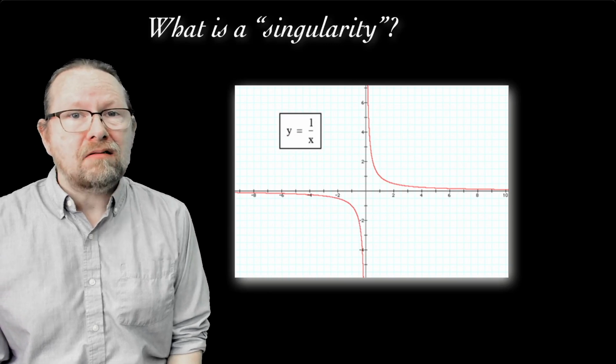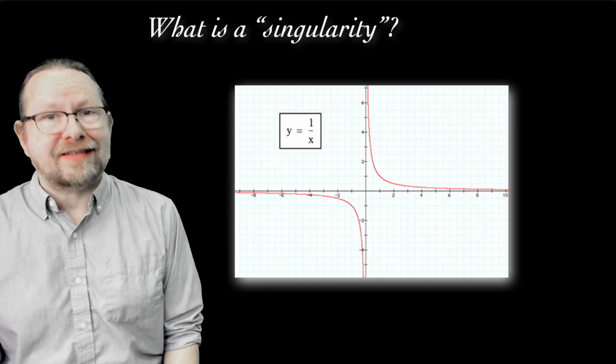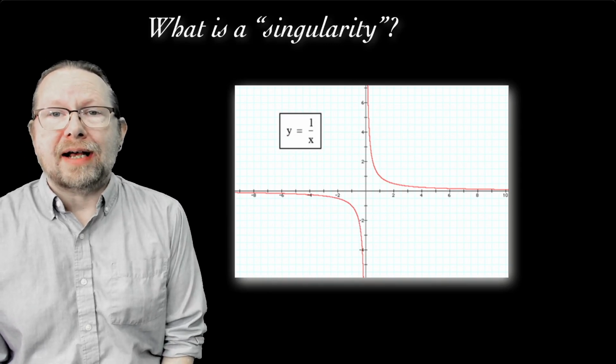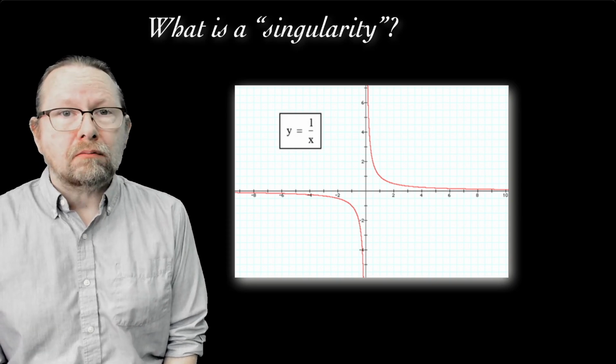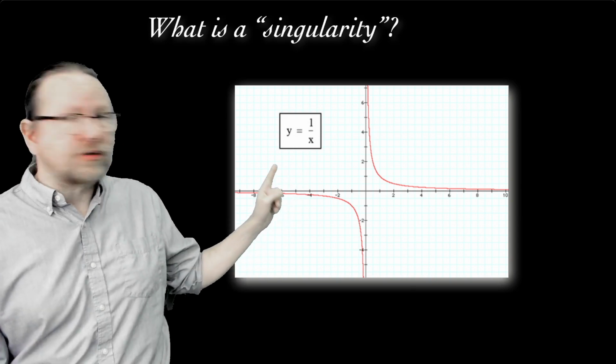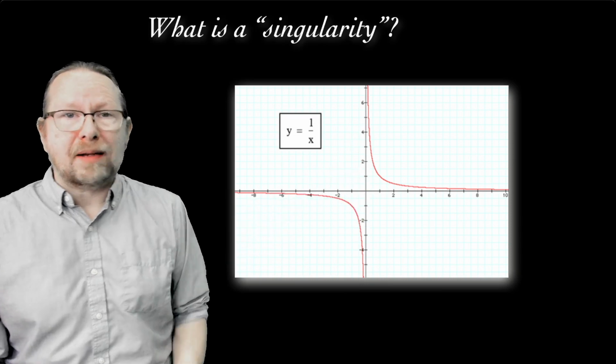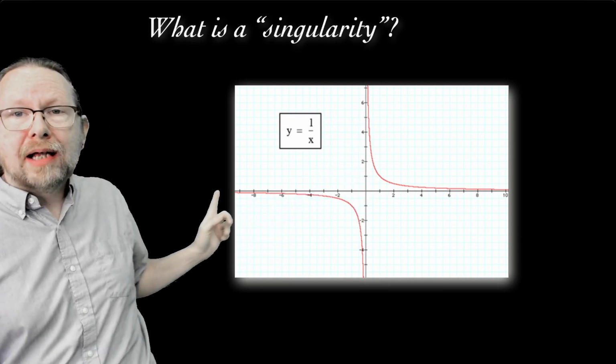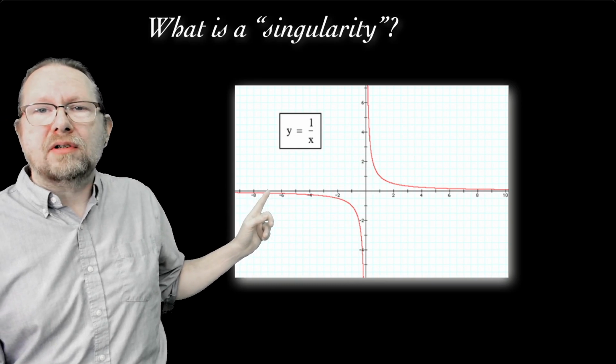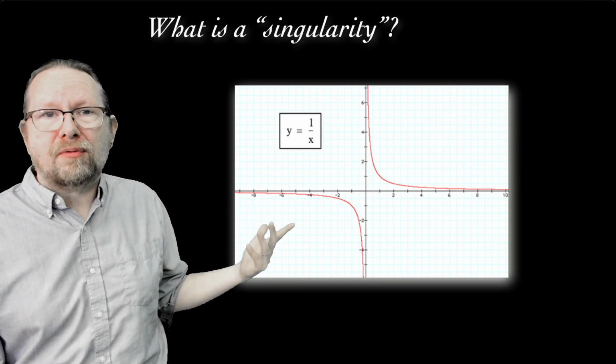If x is 10, y is a tenth. If x is a quarter, 1 over a quarter is 4. And I can make a graph of that function. I can plug negative numbers in too. If x is negative 5, y is negative a fifth.